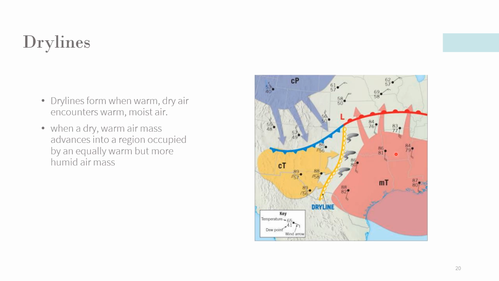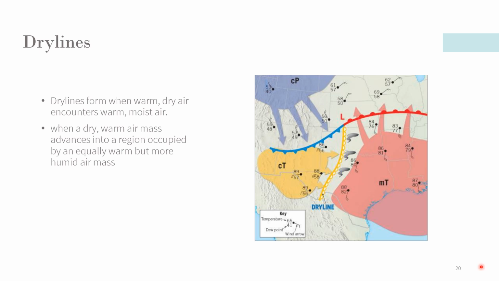So this dry line here, as you can see, can be identified by comparing the dew points of these two different air masses: the continental tropical air west of this boundary, and the maritime tropical air mass east of the dry line.